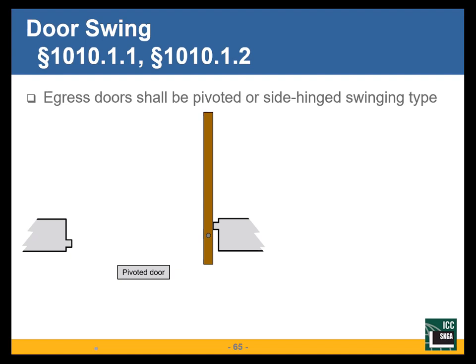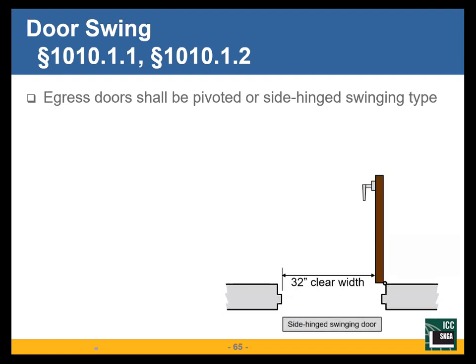When we're looking at the door swing and the door width, we look at the side hinge doors also. Here's my clear width of 32 inches from the door face to the stop. That's my 32-inch requirement. The requirement is for an exit door to have a minimum 32 inches clear width, not the door itself.